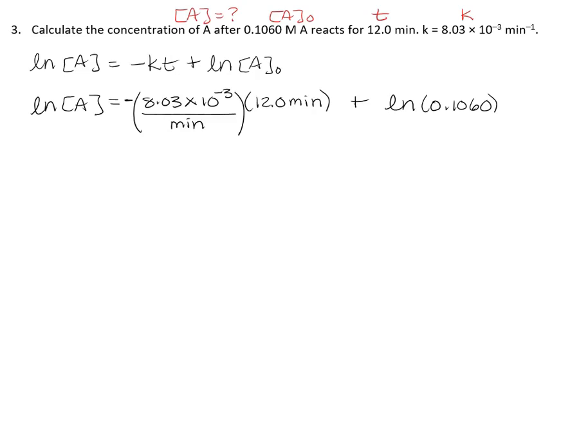Taking a look at sig figs, we have 3 sig figs for K, 3 sig figs for time. So when we multiply those together, we need to end up with 3 sig figs, but then we'll figure out what that means in decimal places. The sig figs for the natural log, we have 4 sig figs, which will become 4 decimal places.